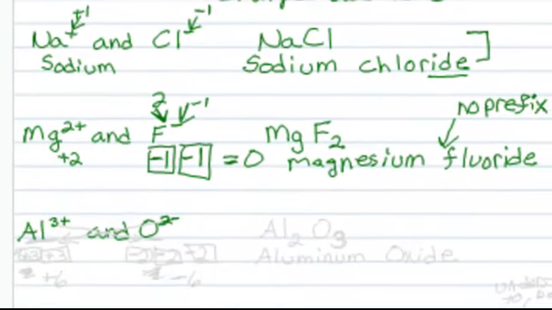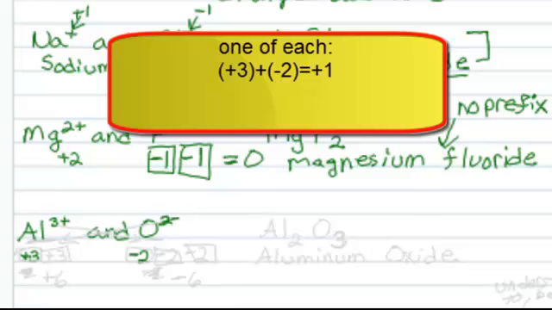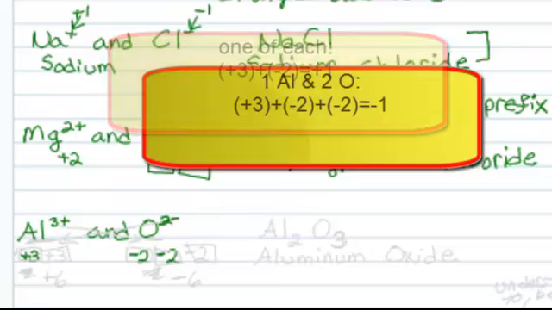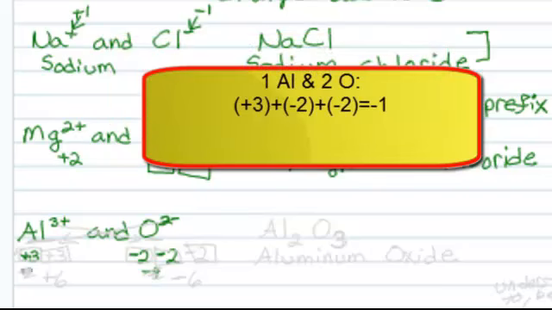Now for this next one, Al3+ and O2-, that's a little more complicated to figure out. If we have one +3 and one -2, that's not adding up. So let's try putting in another -2, and then you get -4 and +3, which still doesn't add up.